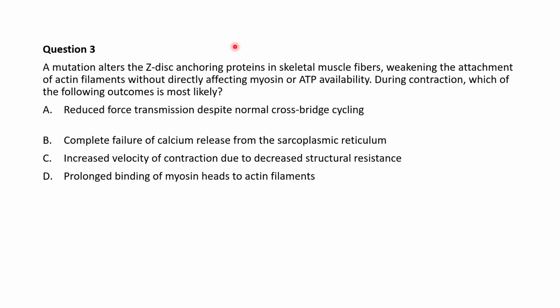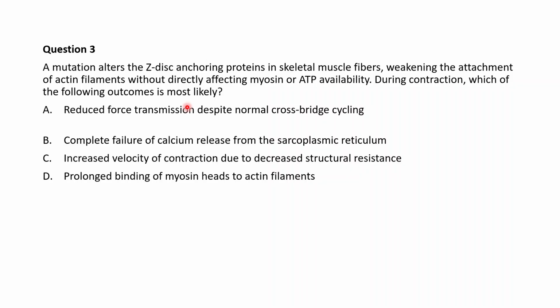So now if this anchor at the Z disc is weakening, cross-bridge cycling can still occur normally, since myosin, actin, calcium, ATP, all of these major effectors in cross-bridge cycling are unaffected. But the amount of force generated cannot be efficiently transmitted along the muscle fiber. That's why you will have a reduced effective force output.